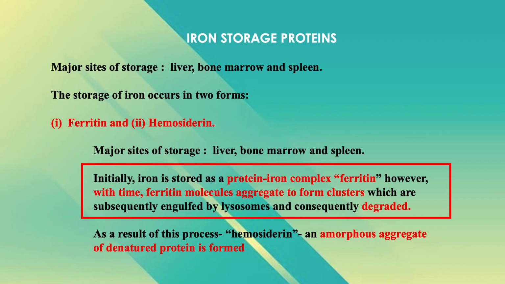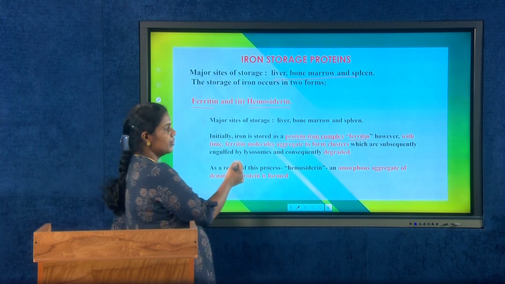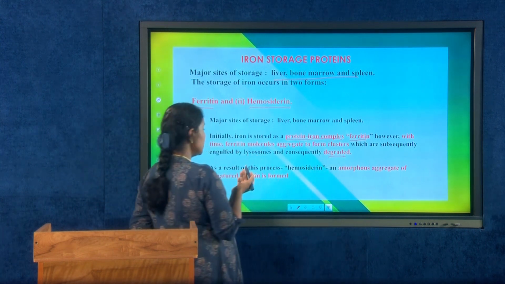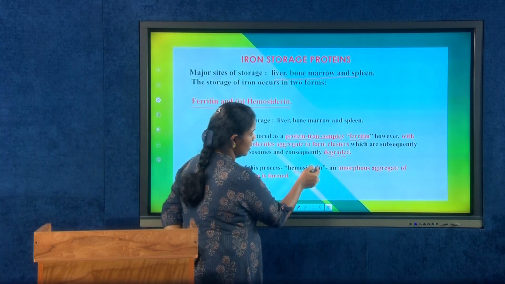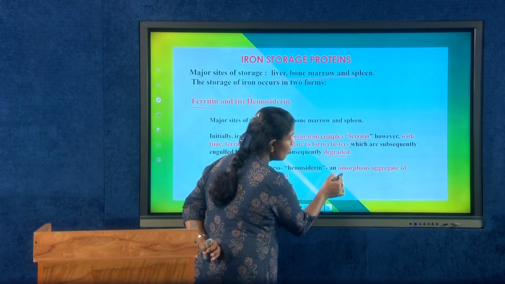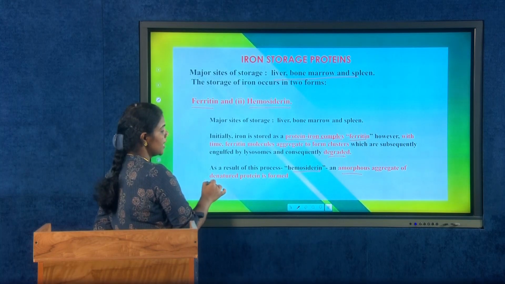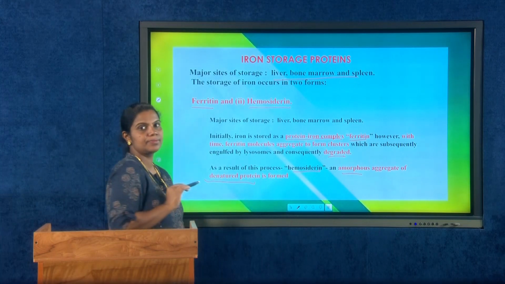However, with time, the ferritin molecules aggregate to form clusters which are subsequently engulfed by the lysosomes and consequently degraded. As a result of this degradation, the hemosiderin that is formed is an amorphous aggregate of the denatured protein.